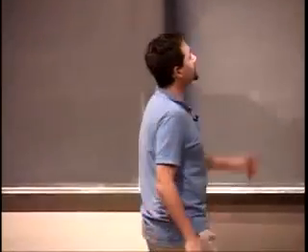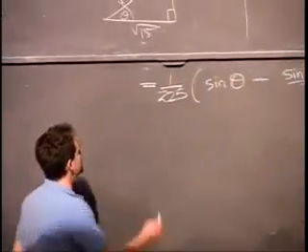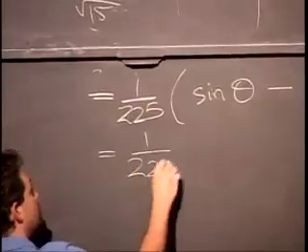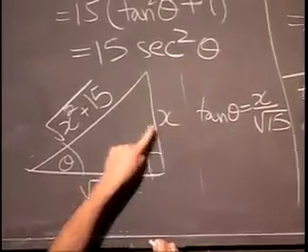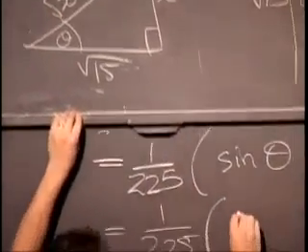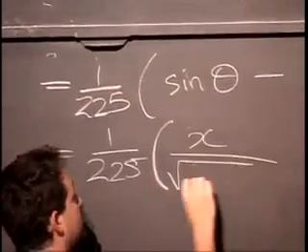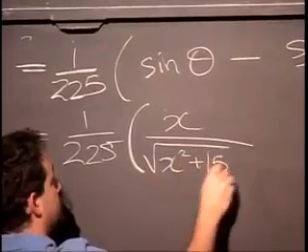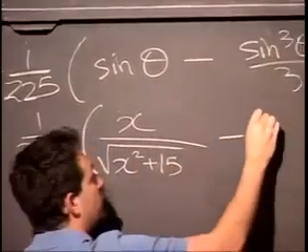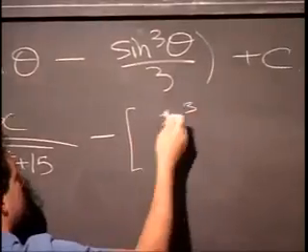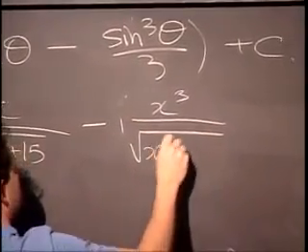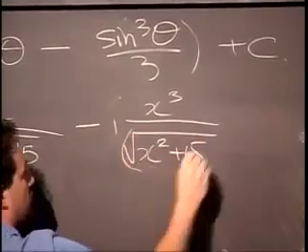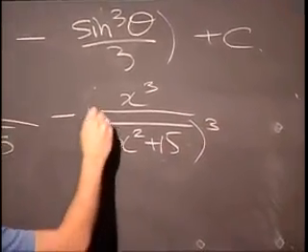We now have to go back to x land. But this is where this triangle up here comes in, because we can immediately see that sine theta is just the opposite x over the hypotenuse, root x squared plus 15. And for sine cubed theta, you could write x over the square root of x squared plus 15, all cubed, and you need a 3.